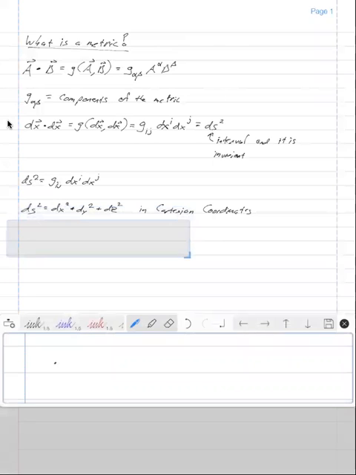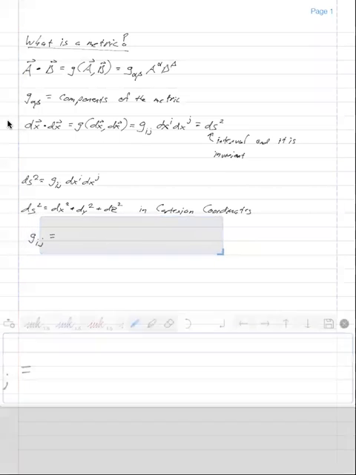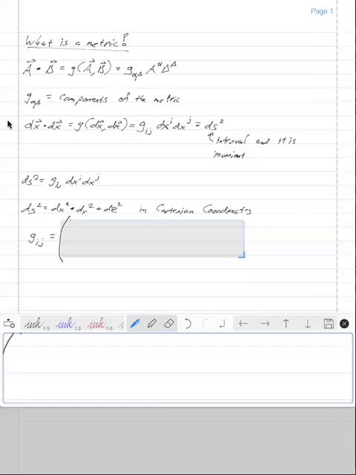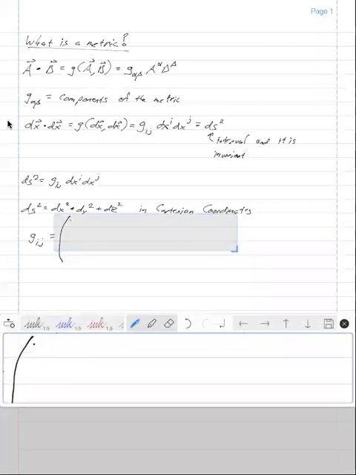So g_ij. Now these are components of a tensor. If I want to write this as a matrix, remember a matrix is not the same thing as a tensor, but I can represent the components of the tensor in matrix form. Then when i is equal to 1, the coefficient in front of dx squared is 1.